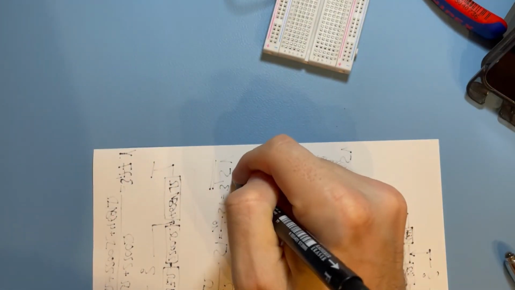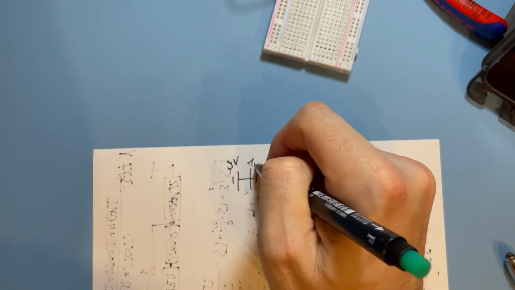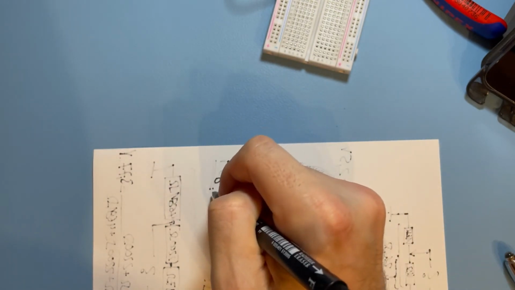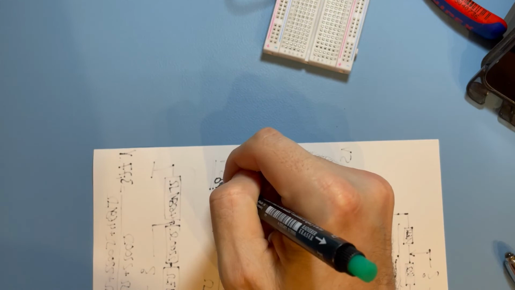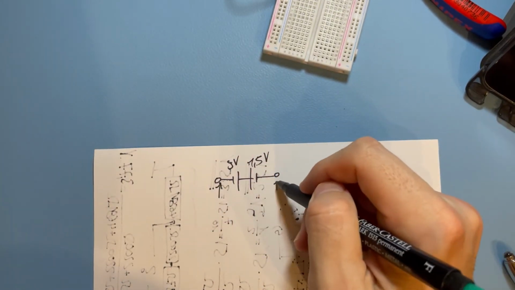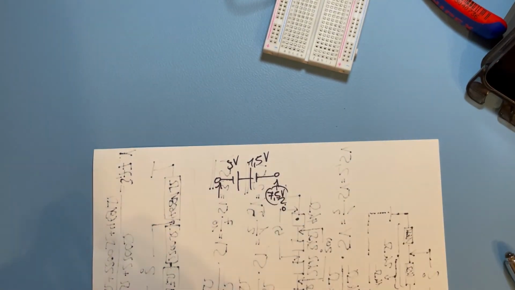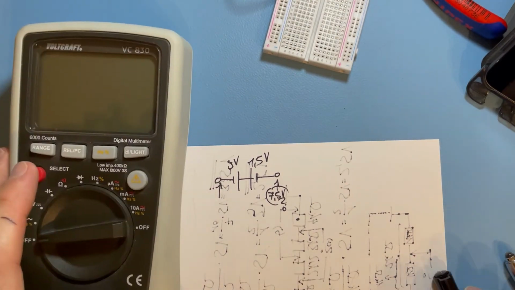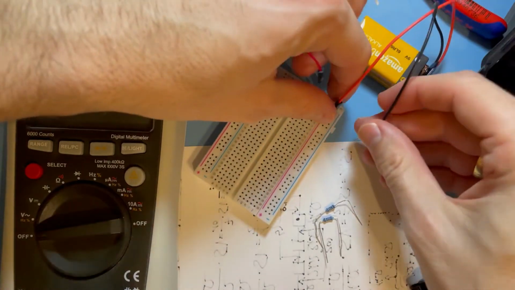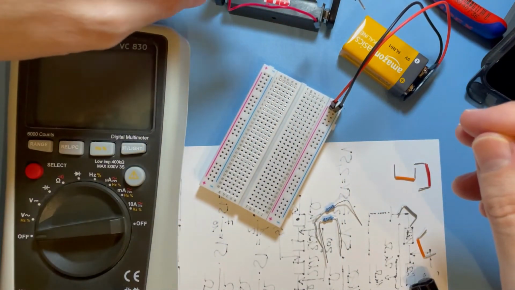Okay, just a quick reminder, we want to create this situation: 9 volts against the 1.5 volts. And the first thing we want to measure is, in reference to this point here, are we measuring 7.5 volts? Question mark. For this, let's have our digital multimeter. First of all, we connect the 9 volt battery, it's the primary.